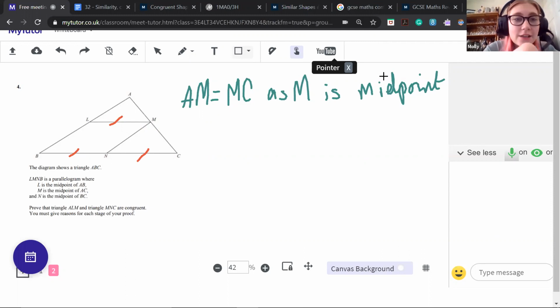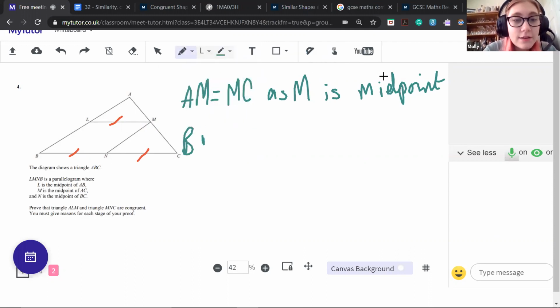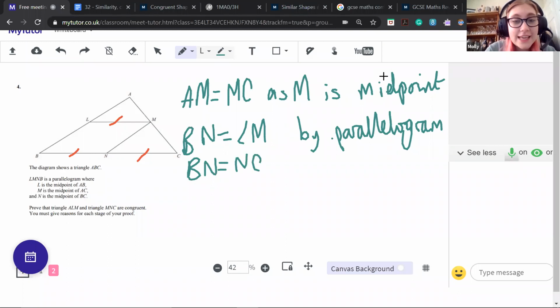Hopefully that makes sense. So the way that we're going to formally write that out is by saying BN equals LM by the fact that it's a parallelogram. That is poor handwriting, I'm sorry. And then say BN equals NC as N is the midpoint.